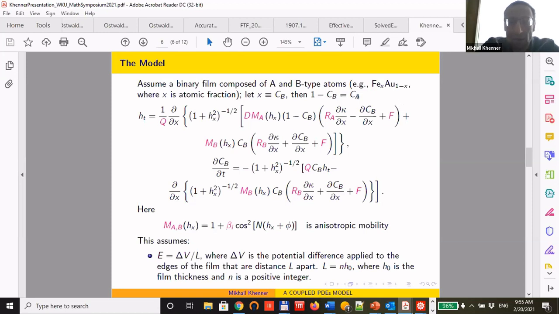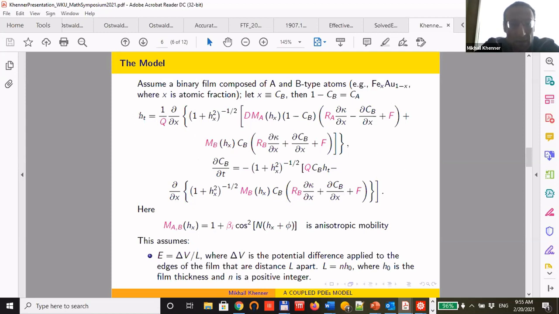And since the sum of Ca and Cb is 1, we need to only model the dynamics of Cb. Okay. So here we have a set of two coupled parabolic type partial differential equations.